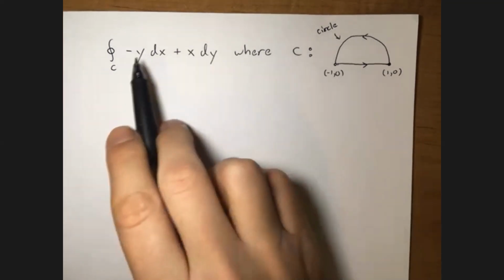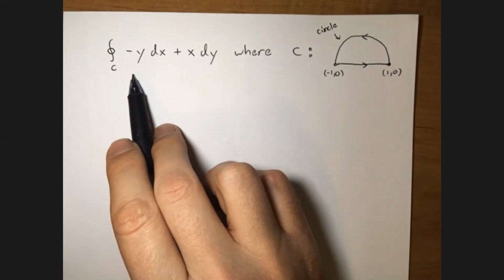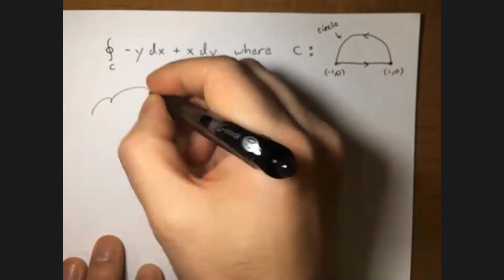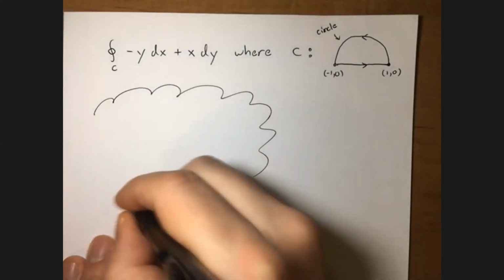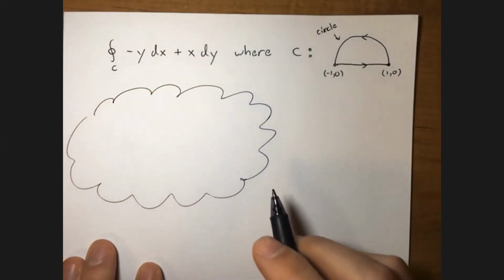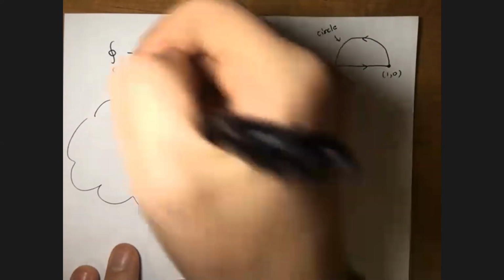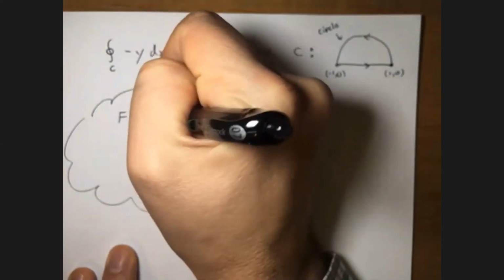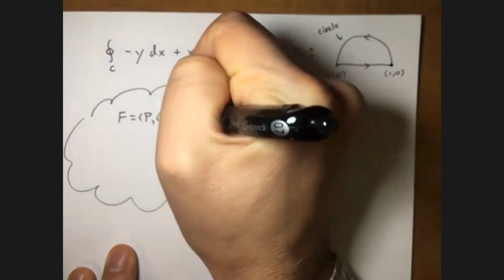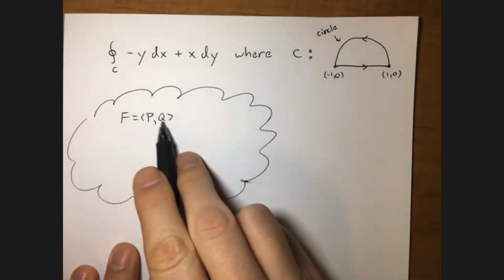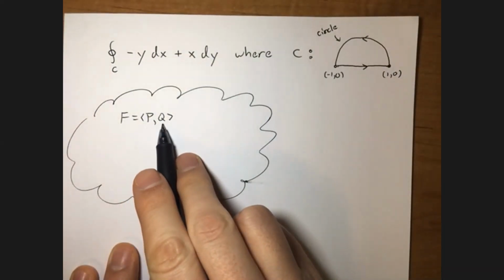Now, what is this notation? What does all this mean? Well, let's go to a little thought cloud here, just off to the side. Remember, we've got F equals P, Q. We're thinking of our vector field as one function, comma, another function.